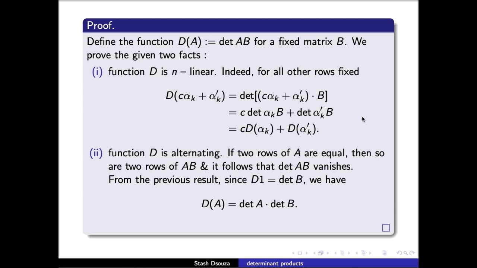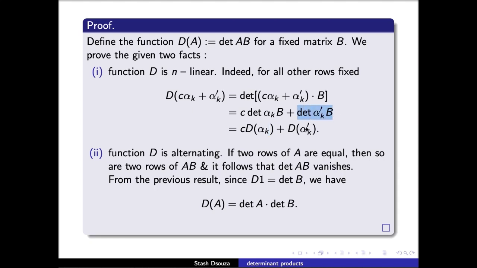Now, what's important to note is that we know the determinant of alpha k B is nothing but the determinant of the matrix A with only the vector alpha k in the kth position and all other vectors the same, times B. So this can be written as d of alpha k, because that's the particular constraint that we're applying on row k of the matrix A, with all other rows being held fixed.